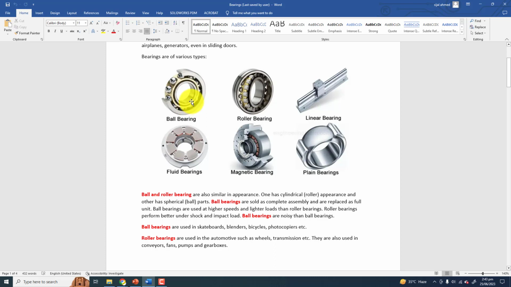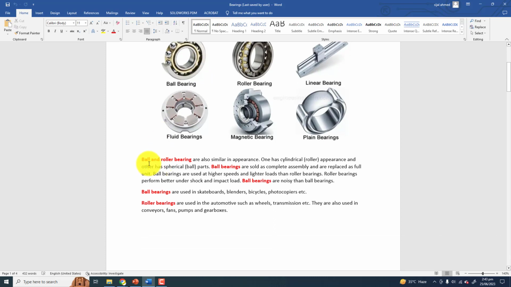So if you want to reduce noise and the load is lighter, the choice would be ball bearings. Examples of ball bearings are skateboards, blenders, bicycles, and photocopier machines.